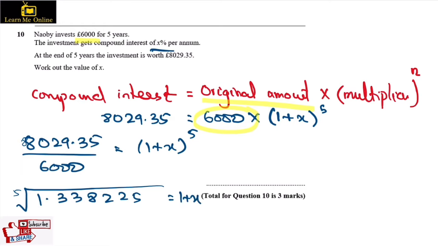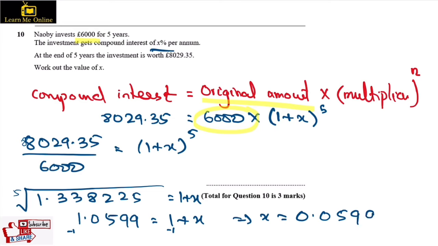Now to rearrange that, whatever answer you get, minus 1 from it. So it would be 1.0599 equals 1 plus x. To find the x value, you do minus 1 on both sides, so x equals 0.0599. Because we are finding x%, if I change that into a percentage, we move the decimal 2 places forward, and that would be roughly 6%. So here we are getting the answer, which is 6%.